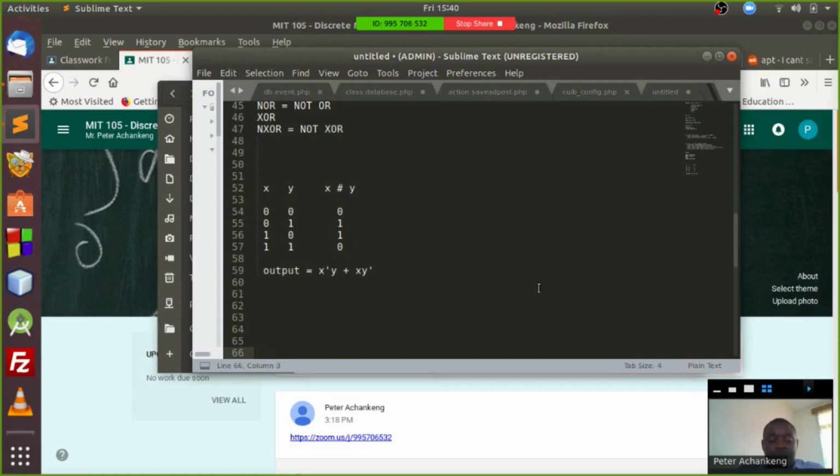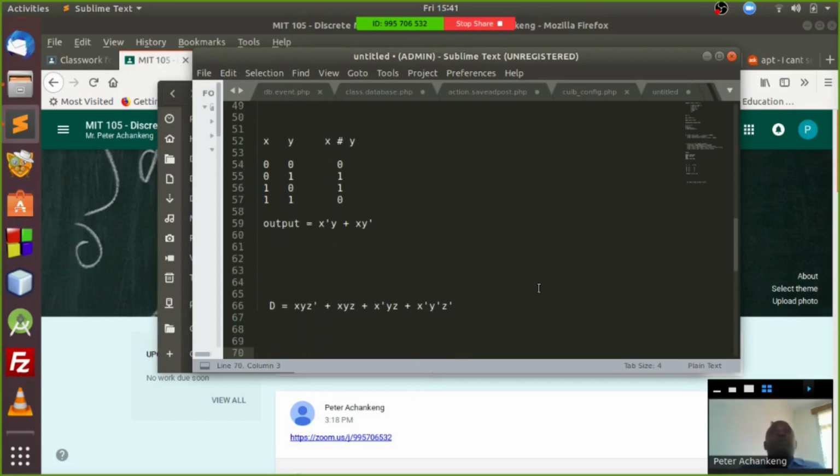Consider the expression, let's say D equals x y z prime plus x y z plus x prime y z plus x prime y prime z prime. So please take down the expression.